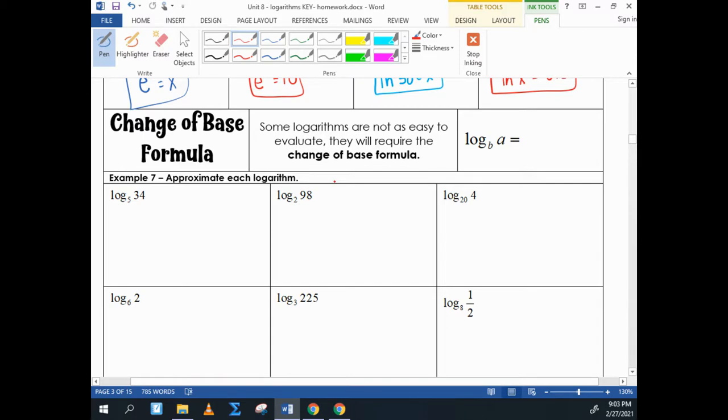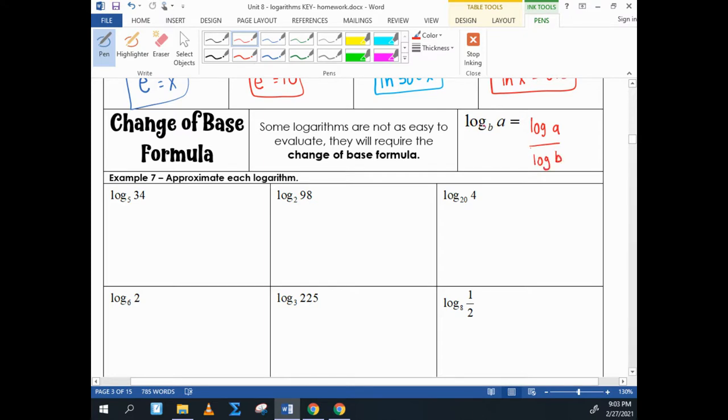However, we're going to give you this change of base formula that you want to memorize right now because it's going to be so helpful. The log base B of A equals the log of A over the log of B. So let me explain this.